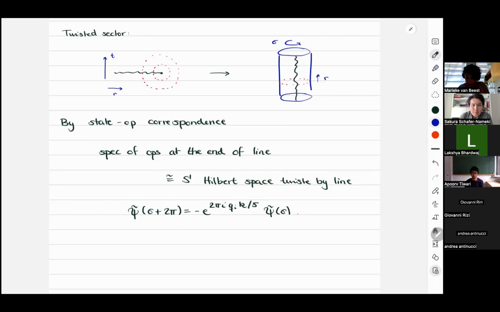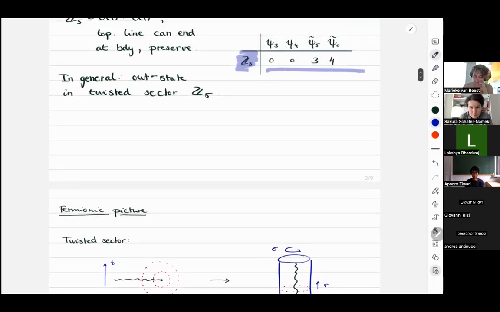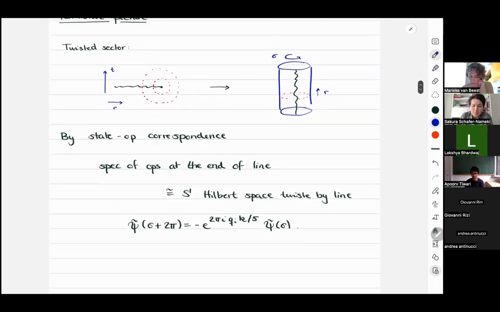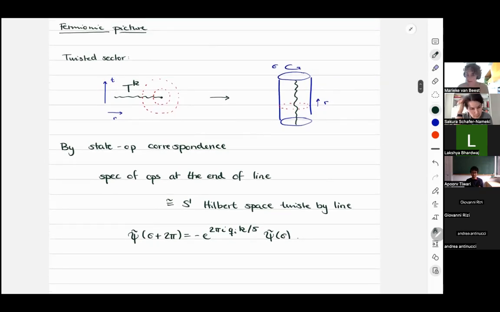Okay, where the Qi here are these guys. And the K is for this Hilbert space twisted by T to the K. There we go. And the 5 is, of course, because in this particular model that we're working with, we found that the relevant line operator is a Z5.